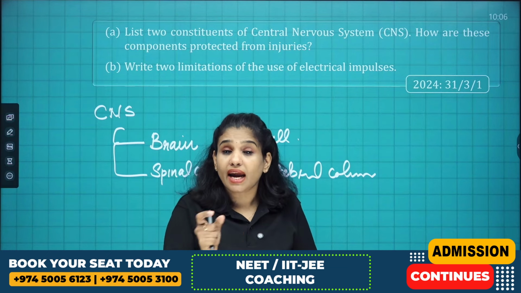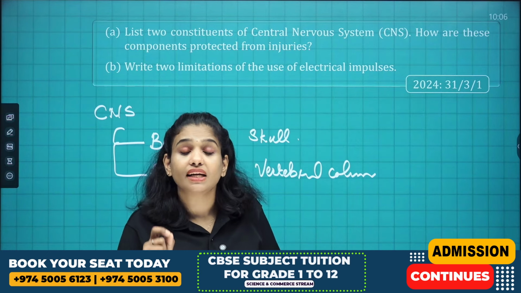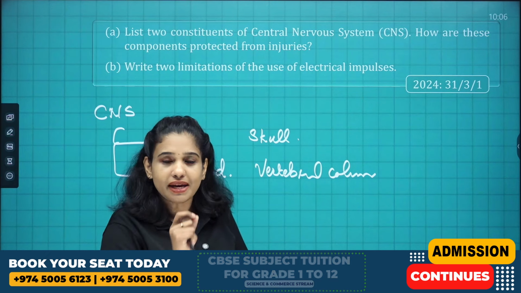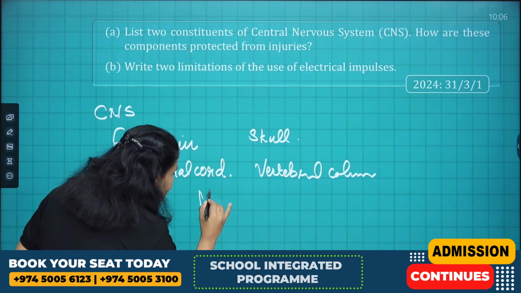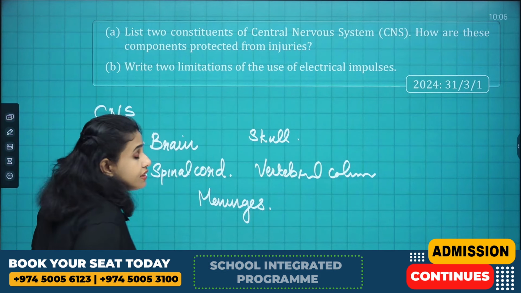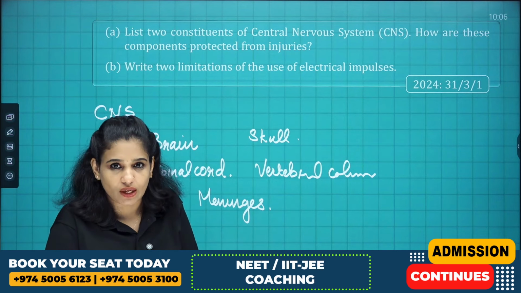Now, brain and spinal cord both are protected by a three-layered tissue called meninges. Meninges is a three-layered tissue which protects the brain and the spinal cord.